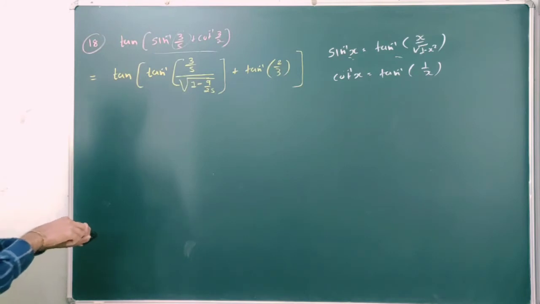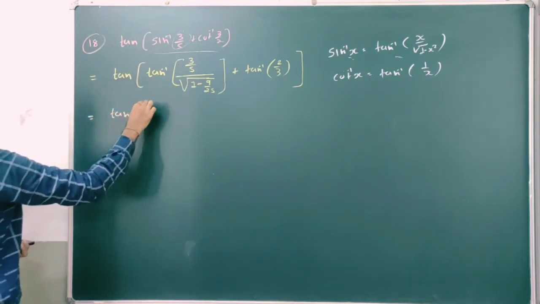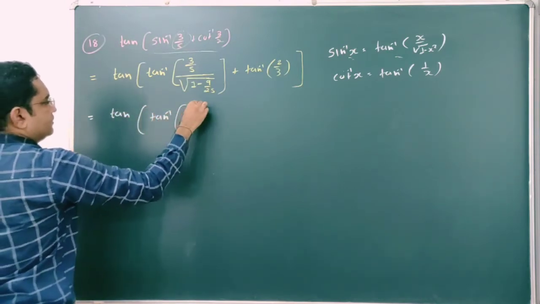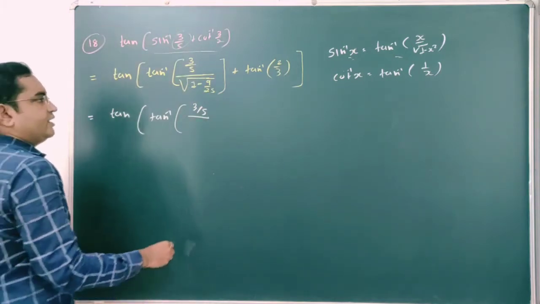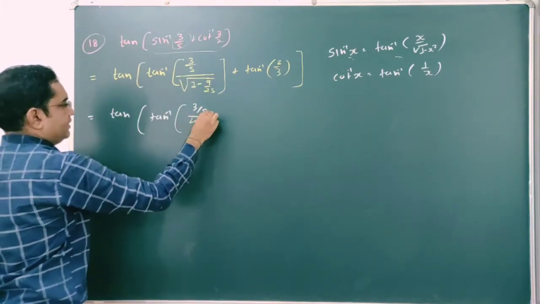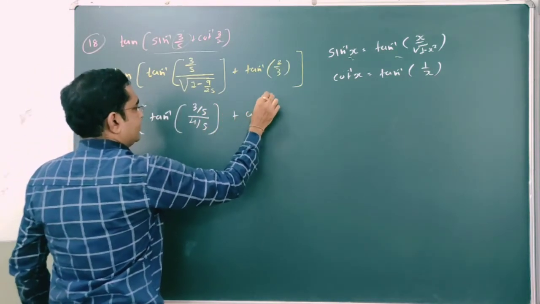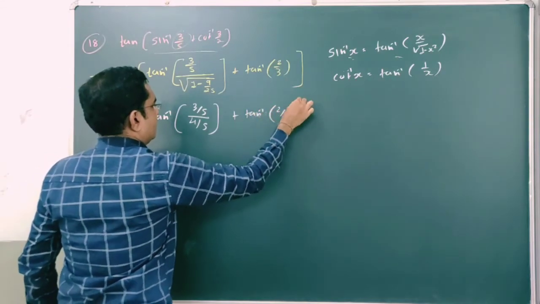Now we have to simplify it. So the simplification is tan of, this one is tan inverse of 3 by 5 upon square root of 25 minus 9, 16 by 25, 4 by 5, plus tan inverse 2 by 3.